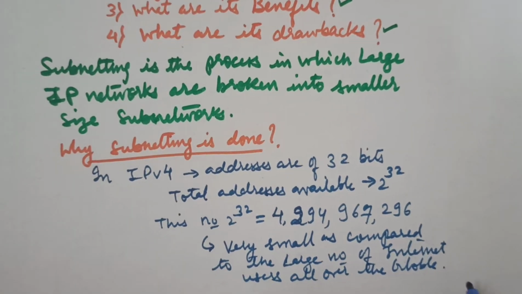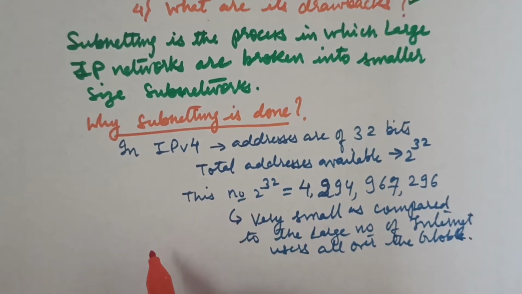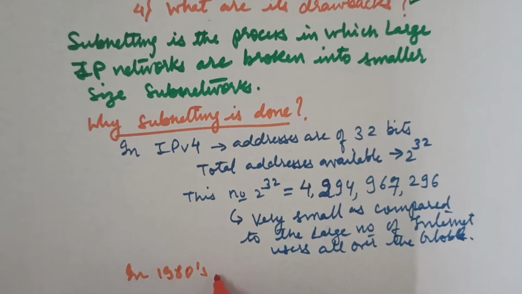So it was identified in the 1980s that this IPv4 address space is getting depleted.